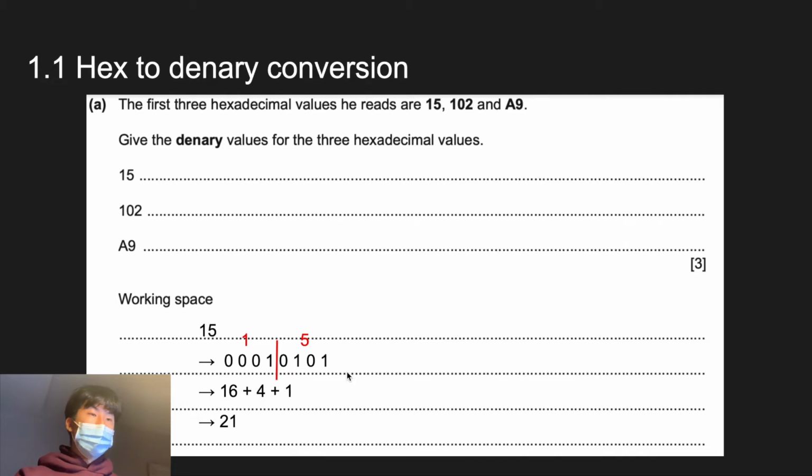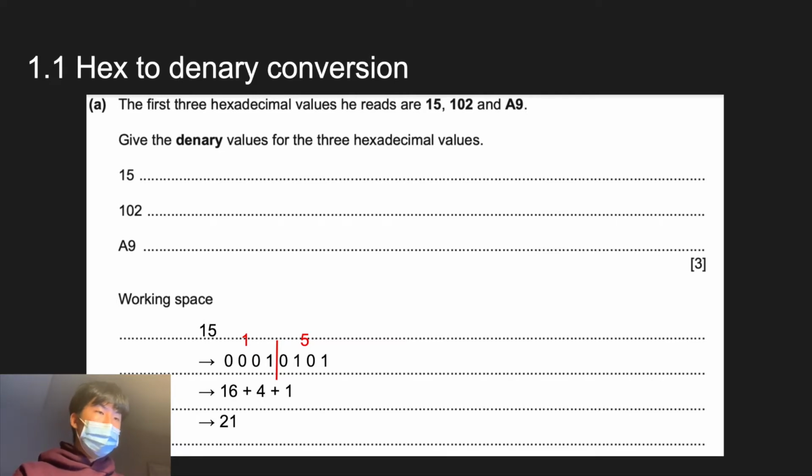So for example, in this question, you assign each hexadecimal digit 4 binary digits because the question wants you to change this hexadecimal value into denary. After you assign each hexadecimal digit 4 binary digits, you can then put them together and convert it to a denary number, like we practiced before in denary binary conversion in the previous video.